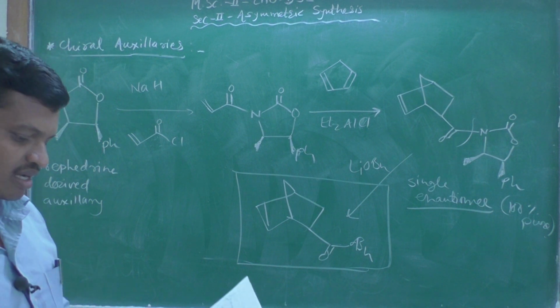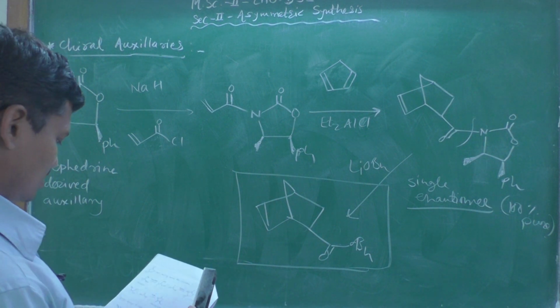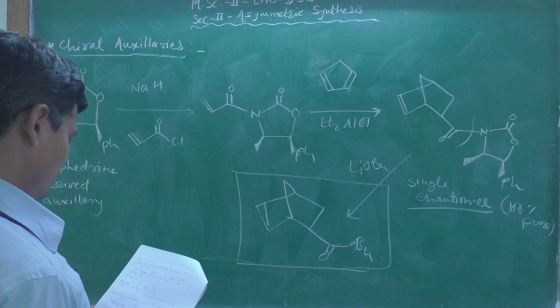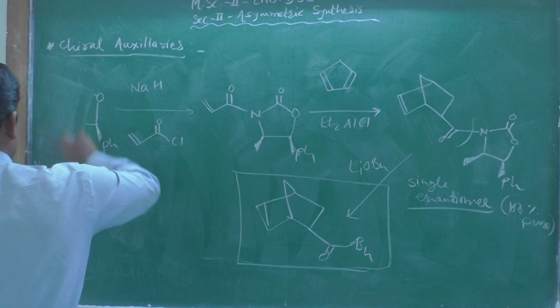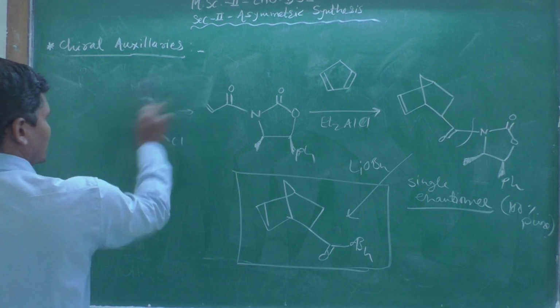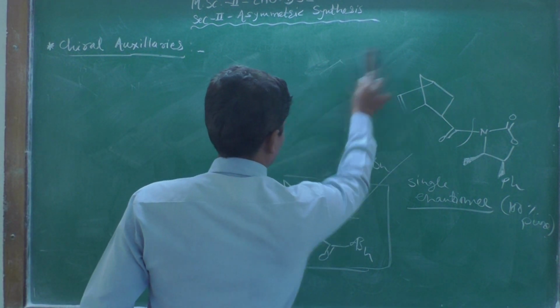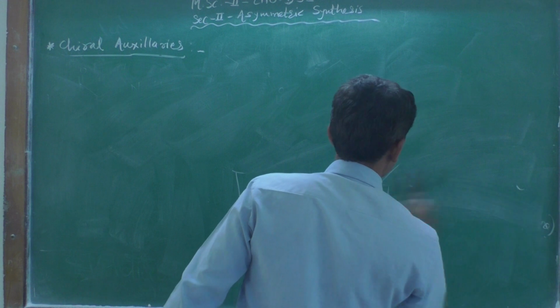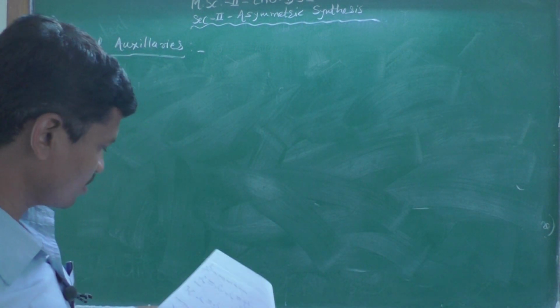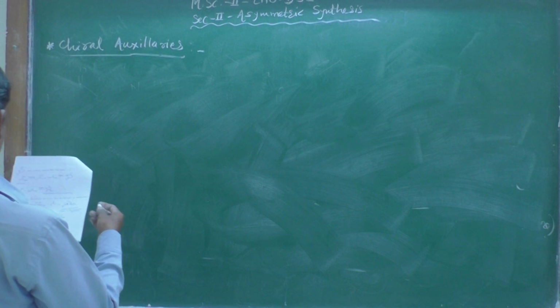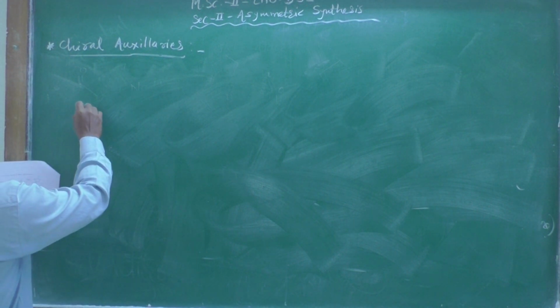Now consider one more example of a chiral dienophile derived from S-pulegone. The next example of a chiral dienophile that is derived from S-pulegone we will discuss now. So S-pulegone is there.